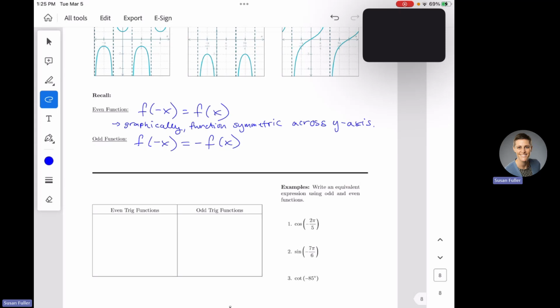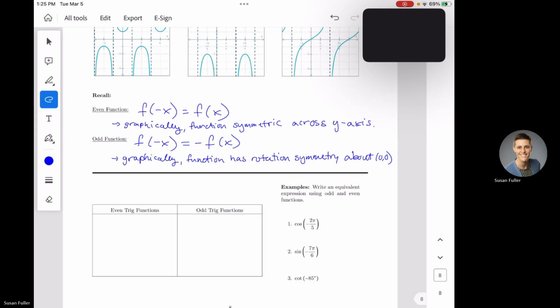This is what the notation looks like for that. And graphically, what that means on your graph is that your function has rotational symmetry about the origin, the point (0, 0).